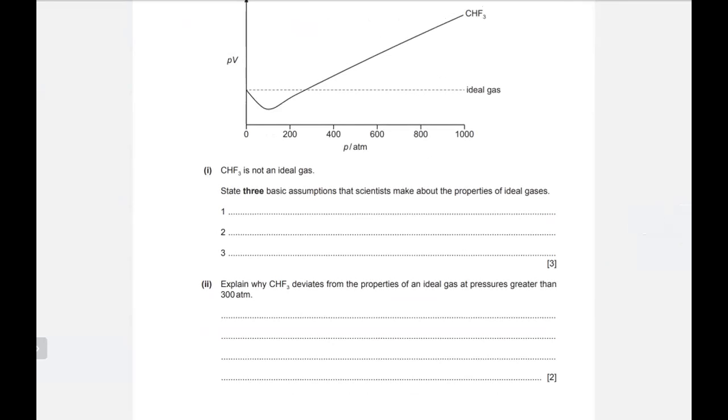The nearer the gas particles, the more attractions are generated, so it should be further away from the ideal situation. When we increase the pressure, gas particles come nearer to each other and form more interactions. More interactions means it deviates more from the ideal situation. That's the explanation.